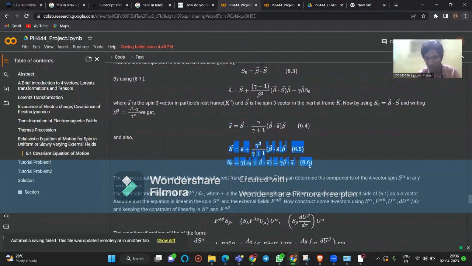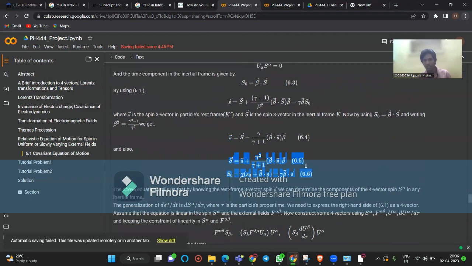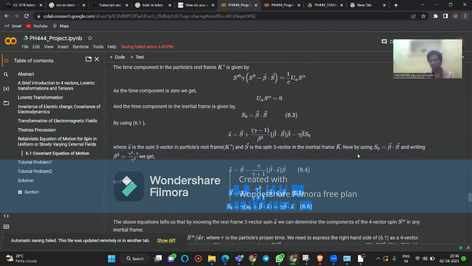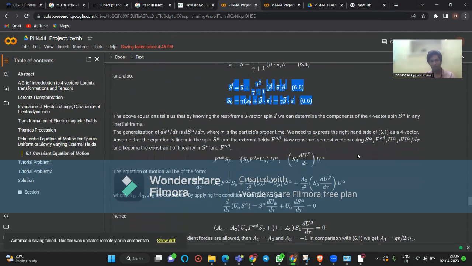These are the four-vector components in the inertial frame K. So to get this, we will just use the inverse equation of this, just by replacing minus beta bar by beta bar.